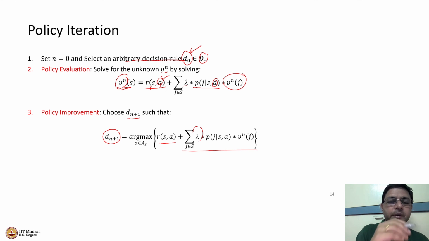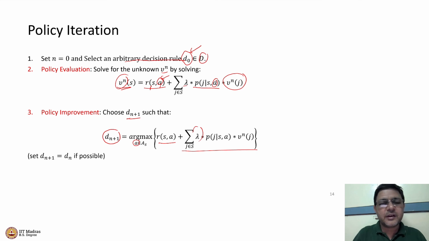You are trying to improve because you are trying to find the action that maximizes not only the immediate reward plus all the future expected discounted rewards, from tomorrow onwards. Generally when we select d n plus 1, we try to select its elements as much as possible from d n itself. Sometimes they are different.